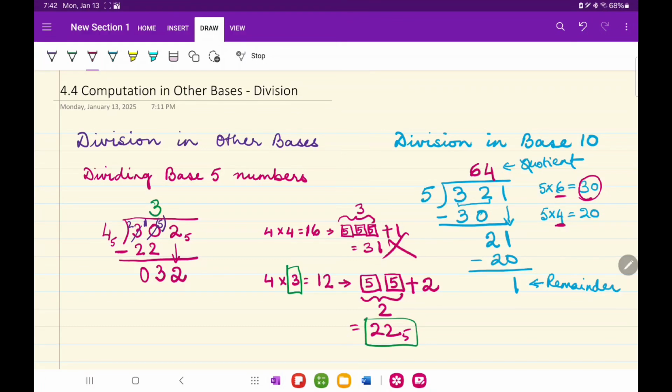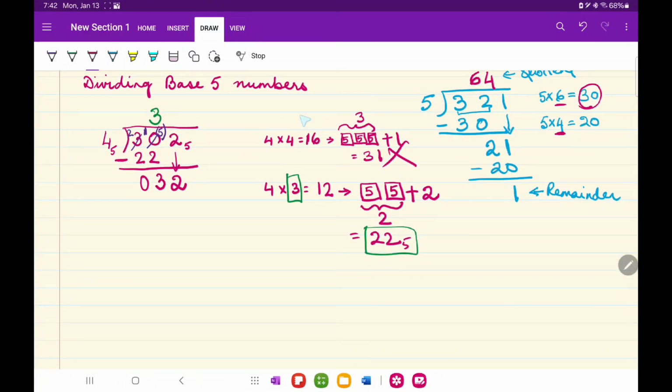Now we have to find a base 5 number which, when multiplied by 4, will give us a value as close to 32 as possible. 4 times 4 would seem to work, correct? We had already tried that in the previous step, but it didn't work when the value was 30.